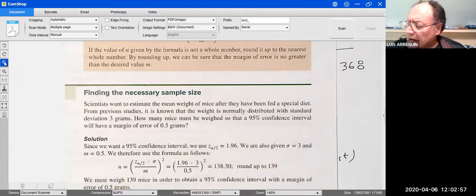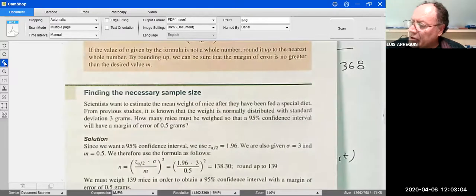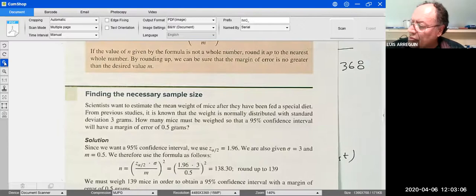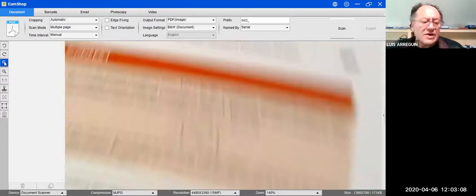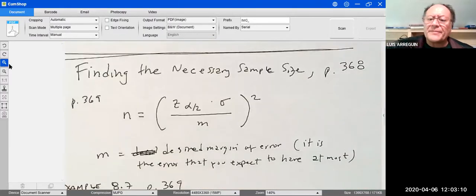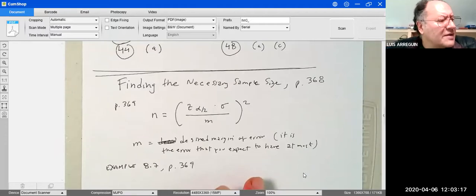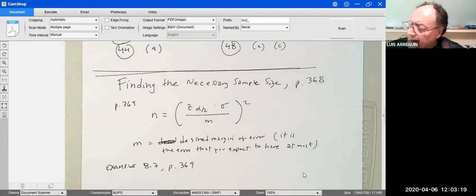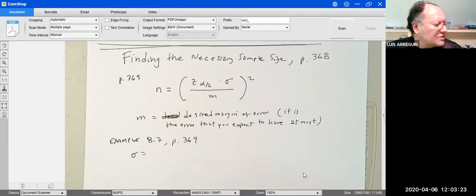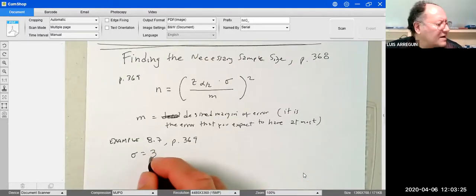So that's the margin of error, the expected margin of error 0.5. So we want to know how many mice do we need to incorporate in our study, in our sample. So let's solve this problem by using the formula that I just gave you. So in this problem then, the standard deviation of the population from previous studies is just 3 grams.